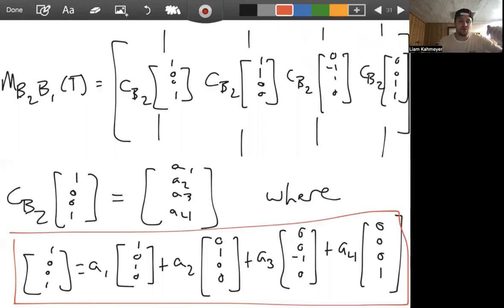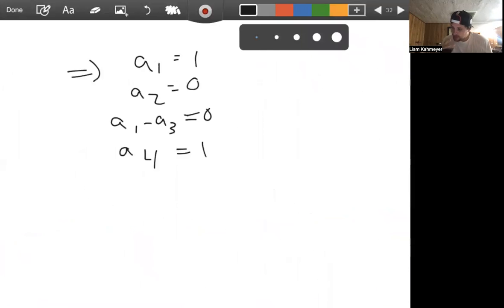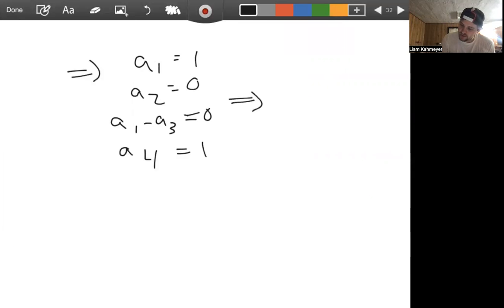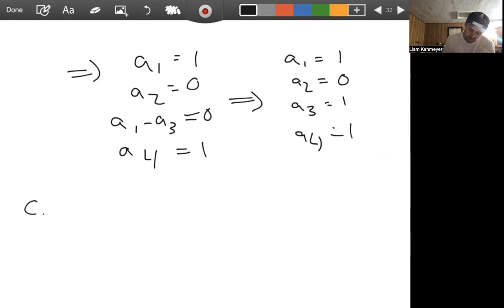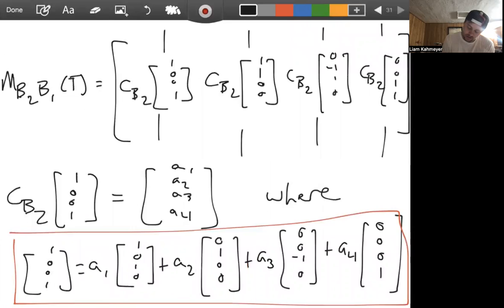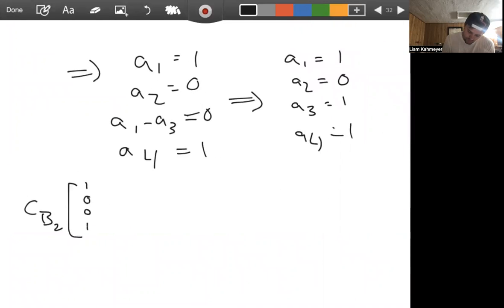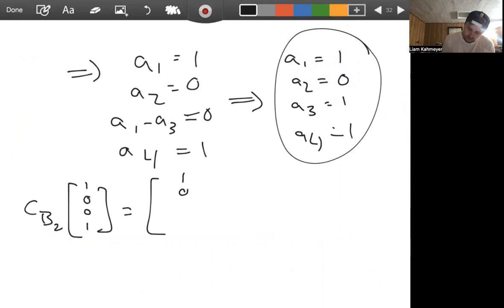If you read off the second component, you have 0 equals A2, et cetera. This yields rather quickly that A1 equals 1, A2 equals 0, A3 equals 1, and A4 equals 1, which implies that C_B2 of (1, 0, 0, 1) is equal to (1, 0, 1, 1).